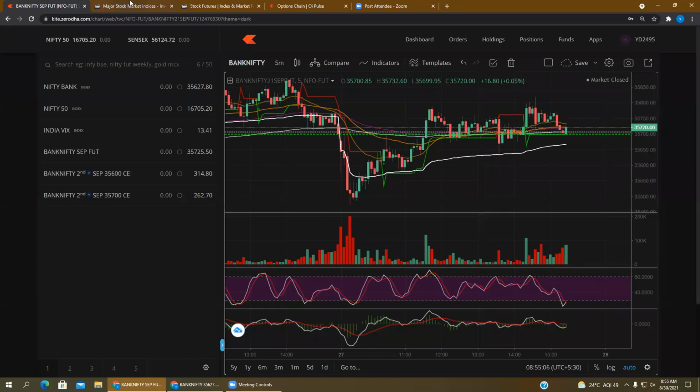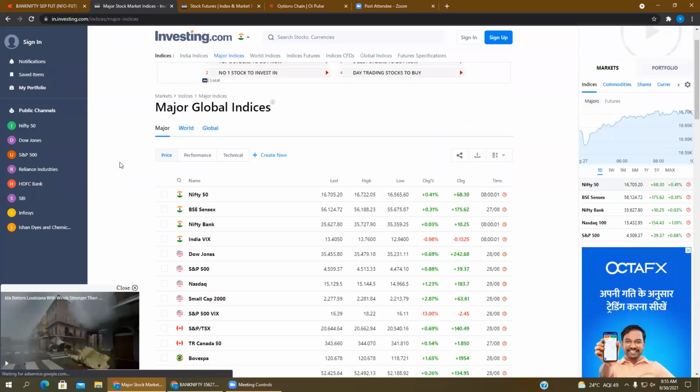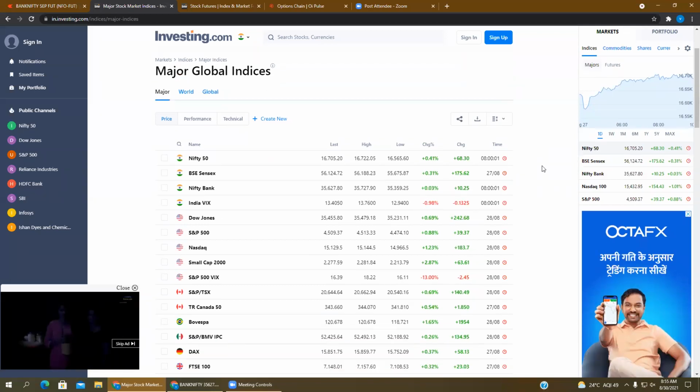If you look at Dow on Friday, Dow Jones closed 240 points in the positive, and S&P 500 also closed in the positive. Nasdaq was also positive. So all clear indications that the US markets were quite positive, but after the event we did not get a good follow-up.